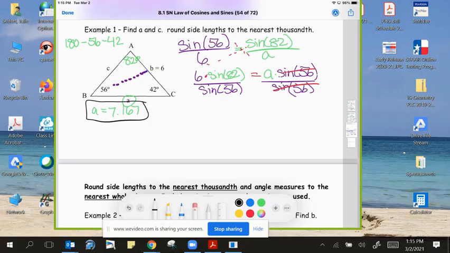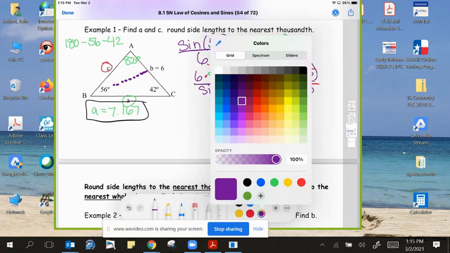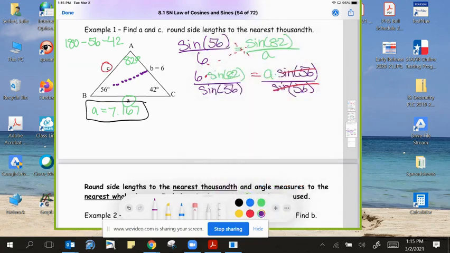Now, to find side C, I would use the same process. I would start again with the B's, because that's what we were given.